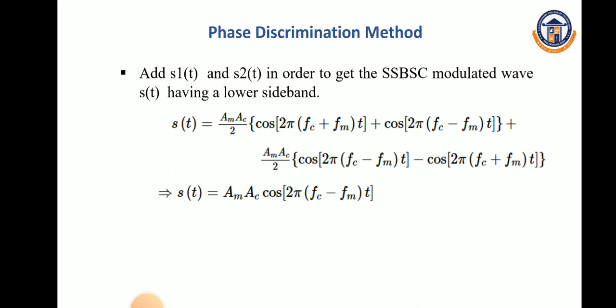In order to get the SSB-SC modulated wave S of t having the lower sideband, S of t is equal to Am Ac divided by 2 cos 2π (fc plus fm) t plus cos 2π (fc minus fm) t, plus Ac Am divided by 2 cos 2π (fc minus fm) t minus cos 2π (fc plus fm) t. Finally, S of t is equal to Am Ac cos 2π (fc minus fm) t. This is the lower sideband equation.